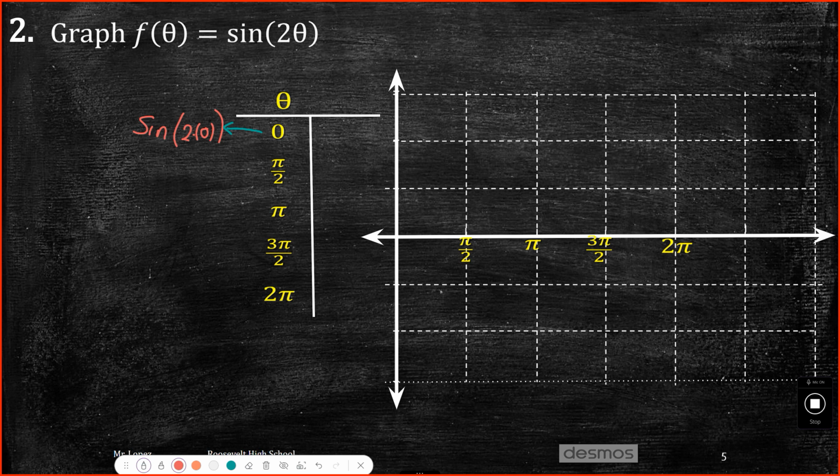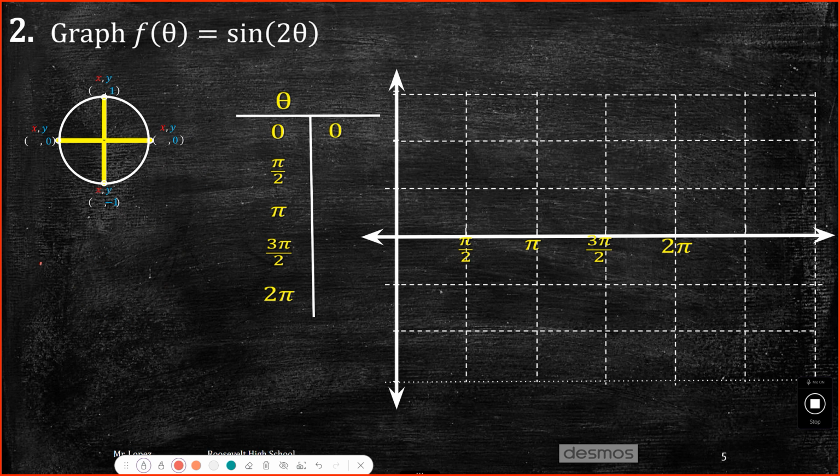Yes or no? Do I need to explain this whole thing? 0 times 2 is 0. Sine of 0 is 0, from the unit circle. So when you plug it into this particular function, we get 0.